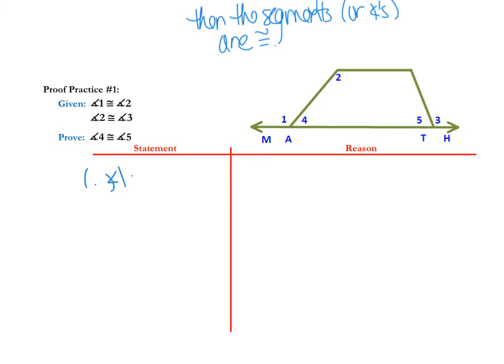angle 1 is congruent to angle 2, and angle 2 is congruent to angle 3. So right off the get-go, notice that we can apply the transitive property. I'm making a connection that angle 1 is congruent to angle 3.